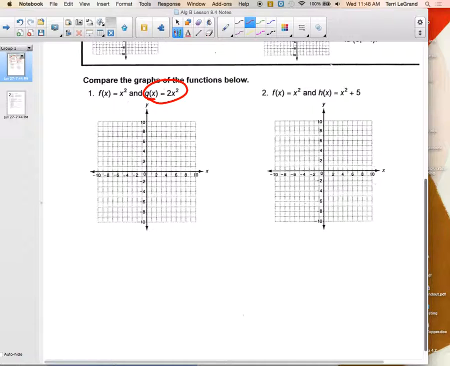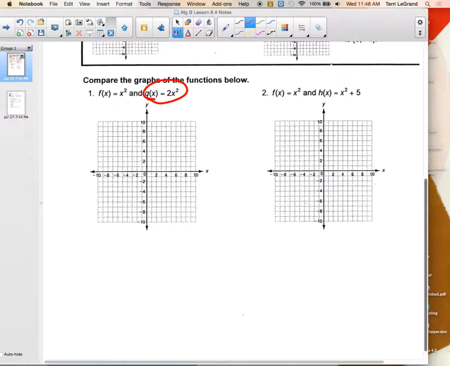The x key is right there next to the alpha key, and then the squared key is right there. Now arrow down to y sub 2, put a 2 in, then your x, and then square.